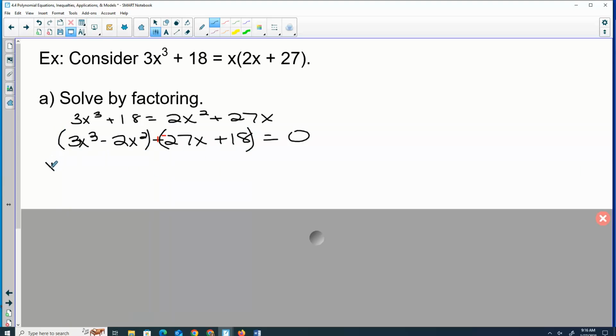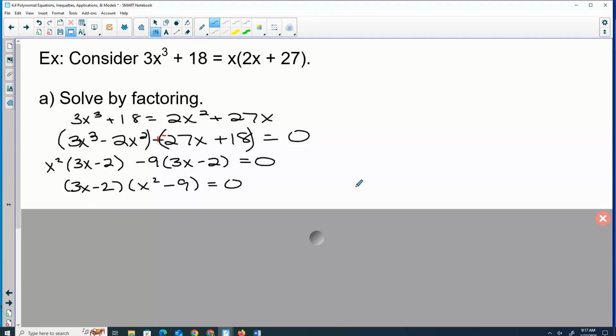So the first ones we can take out x squared. Second one I can take out -9. Take out my 3x minus 2, that leaves us with x squared minus 9.